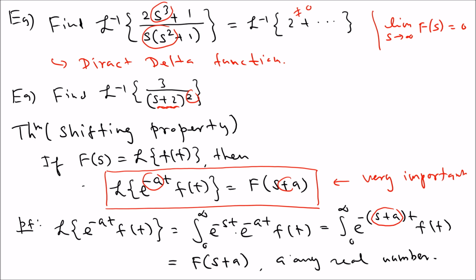But this is what we call the shifting property. It has many nice applications, so let's look at one or two of them. We're going to do the Laplace transform first, and then we're going to do the inverse as well. So let's do some Laplace transforms.